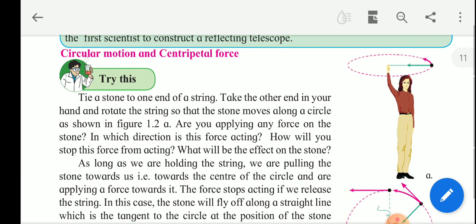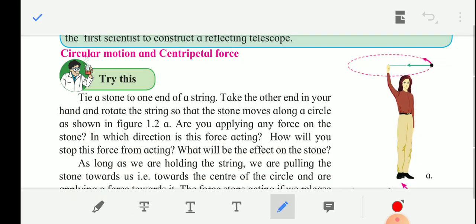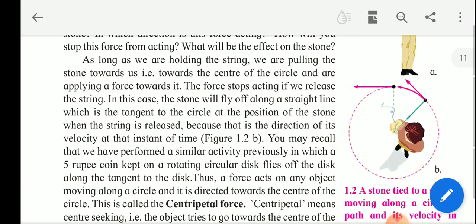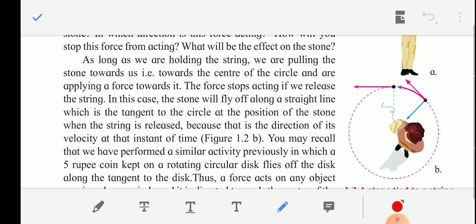If you take one point on the circumference of the circle, you will observe that the object is moving in a circular form, and that kind of motion is called circular motion. The top view is shown over here, and it is performing a circular motion.